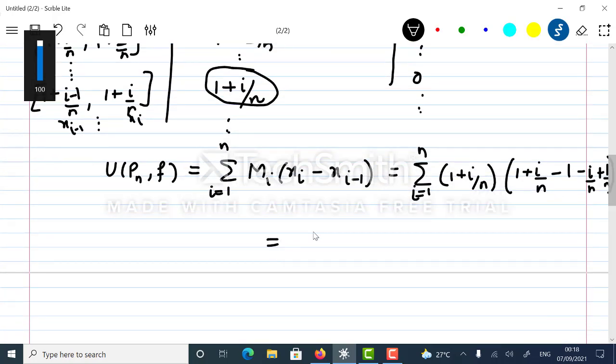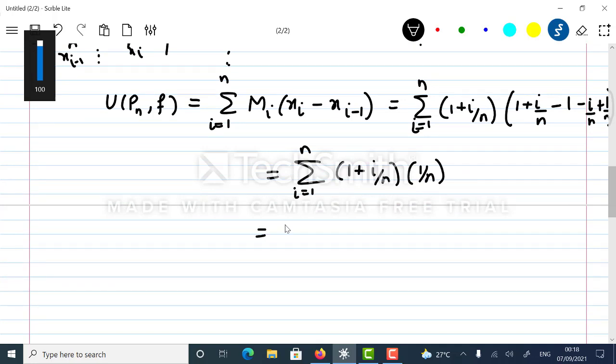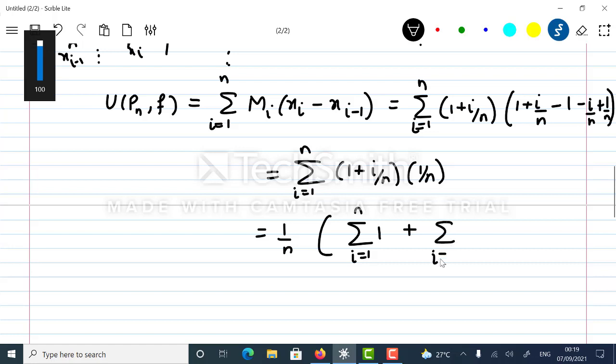So this is equal to summation i goes from 1 to n of (1 plus i by n) times 1 by n. Now this 1 by n is constant, so we can take it outside. And now for this, summation i goes from 1 to n of 1, plus summation i goes from 1 to n of i by n.